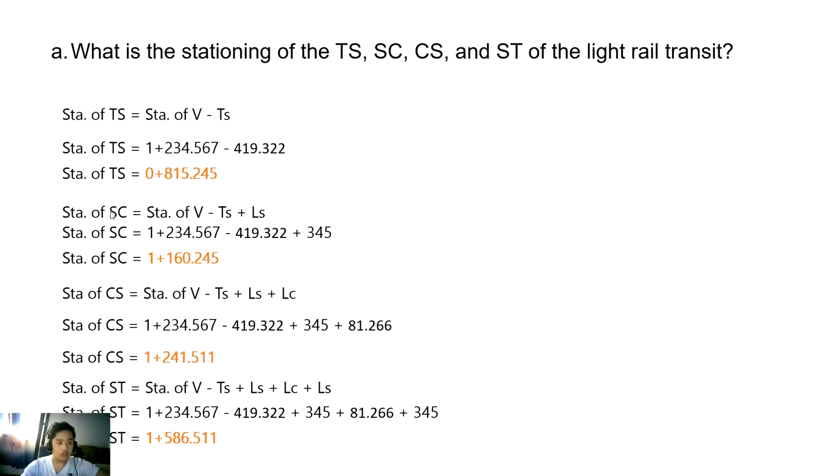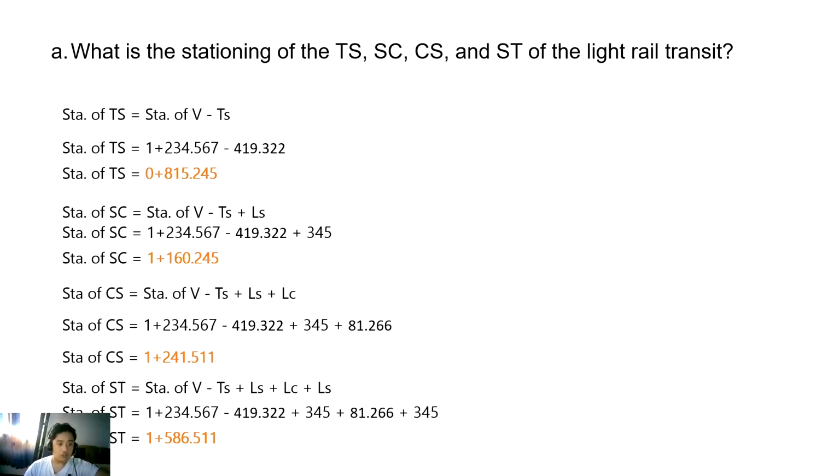Para naman sa station ng SC, we're going to use station of B minus TS plus LS. Ang station of vertex natin ay 1 plus 234.567, while yung TS naman ay 419.322. Nadagdagan naman siya ng isa pa, which is yung LS, which is 345. And we'll get the station of SC as 1 plus 160.245.